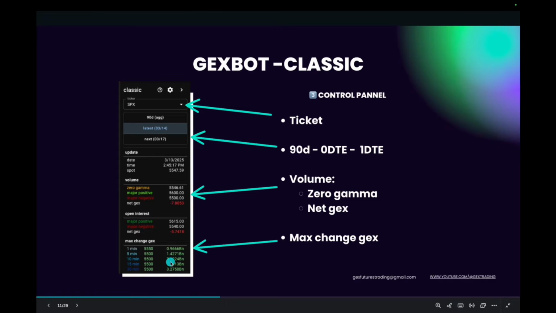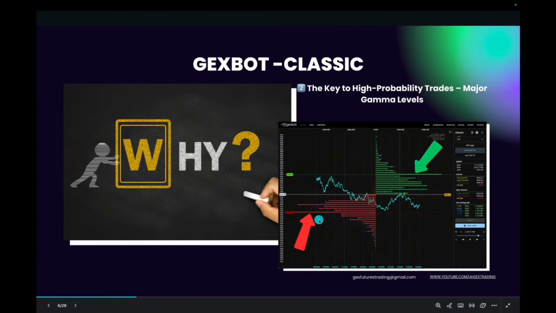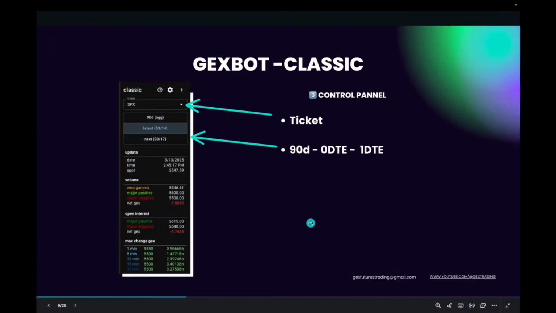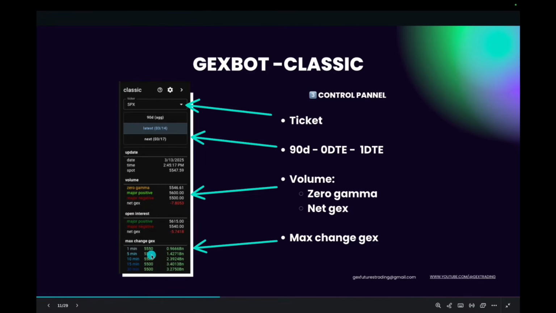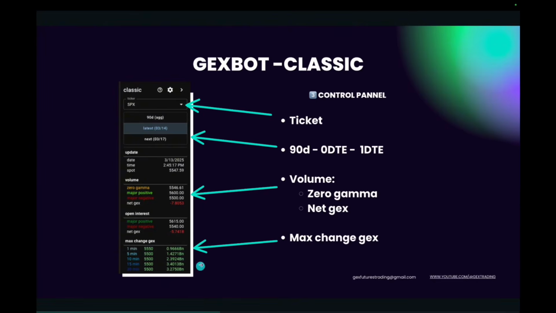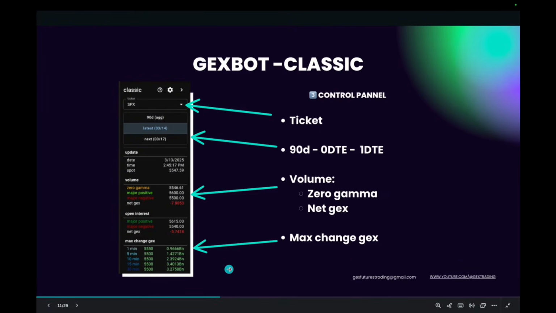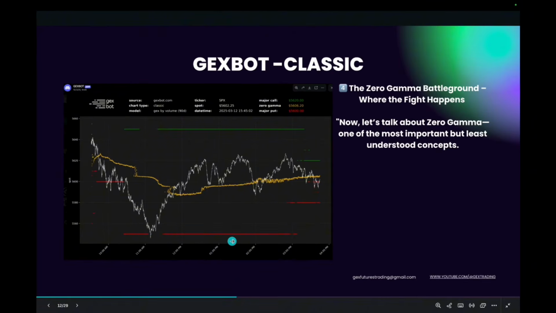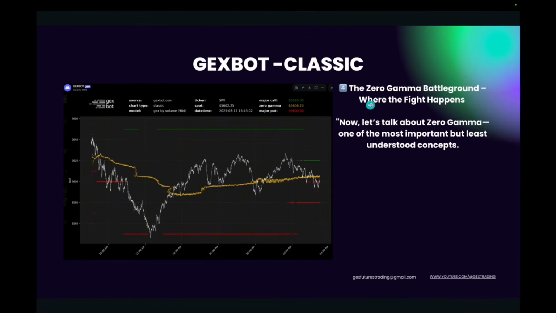So when they buy back any option position, we can see the gamma here. When you buy from the major negative gamma, what you want to see is all this positive. And also when you sell on major positive gamma, you want to see this max change go negative.